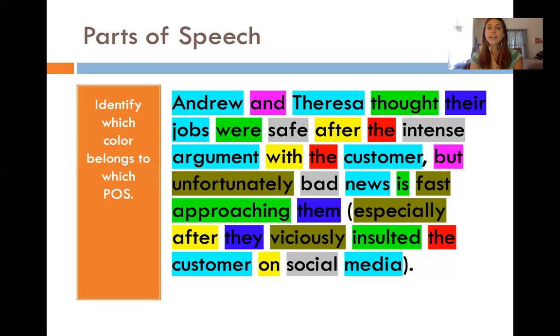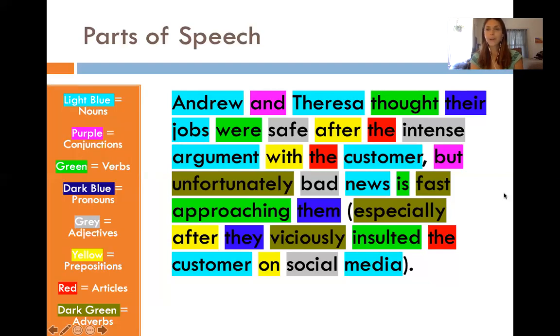Here, it's a preposition because it is not starting a dependent clause. Then we have the in red, which is an article. We know this. And then we have these dark green colors, unfortunately, especially and viciously, and these are adverbs.